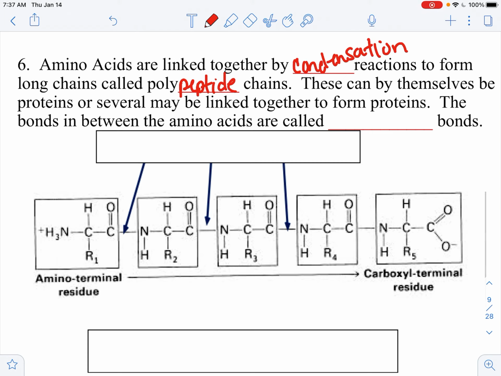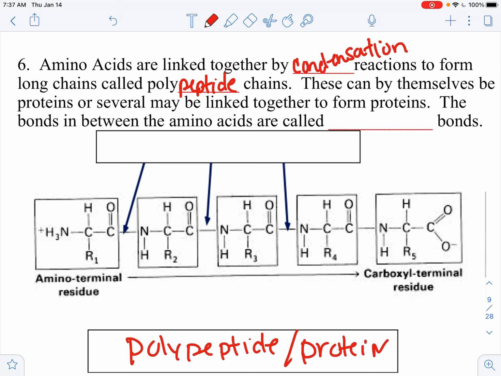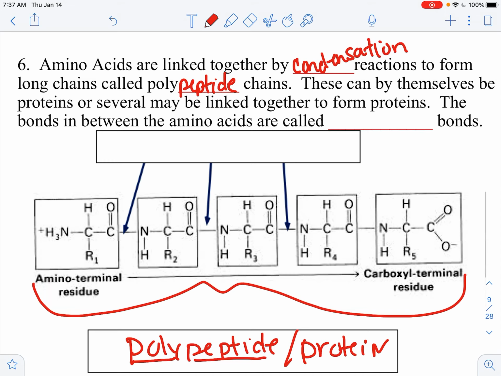Okay, so a polypeptide is just another word for a protein, really. So down here, just write polypeptide, protein, and that's what this whole molecule is showing you. It's a protein or a poly. Again, poly means many, and peptide refers to the bonds in between.